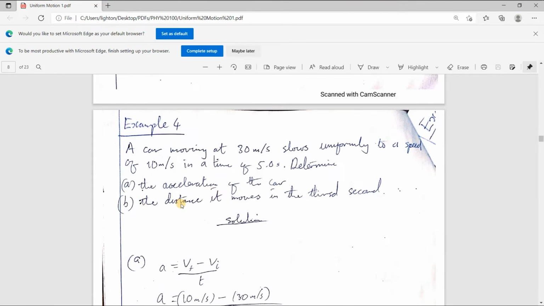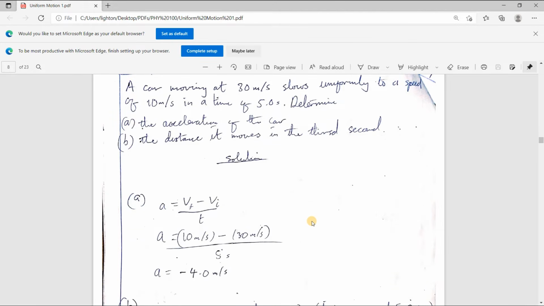Part B is just asking for the distance it moves in the third second. So the distance it moves in the third second. Wow, this is interesting. So the third second is what we're looking at. When you look at this question, if you are fast, you may get it wrong. The question just wants us to find the distance it moves in the third second, not in 3 seconds, but in the third second.